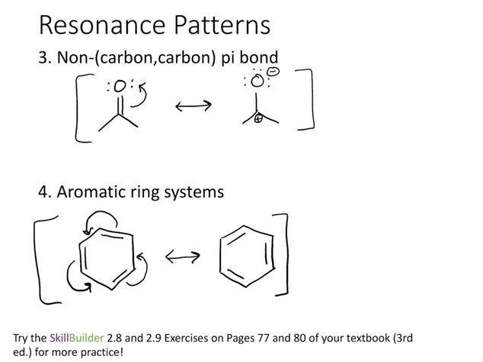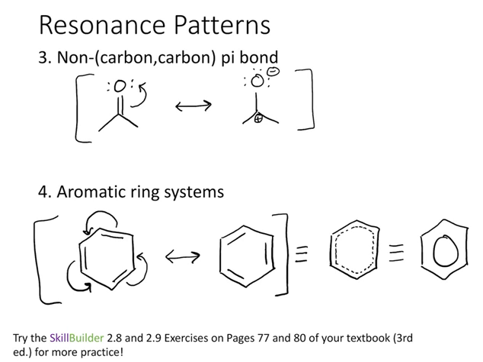And this actually gives us a hybrid where those pi electrons are just delocalized all over that ring. And sometimes people will draw this as a hexagon with a circle in the middle, just to indicate that the pi electrons are everywhere, basically.